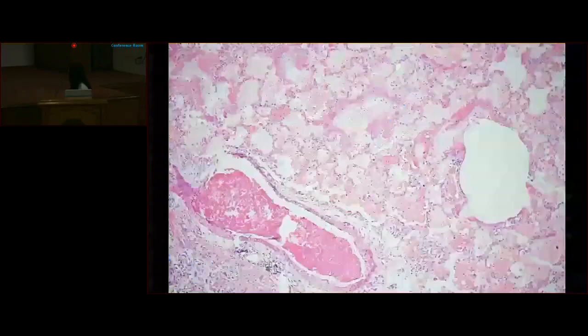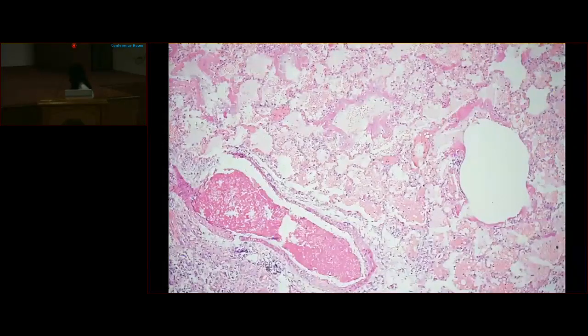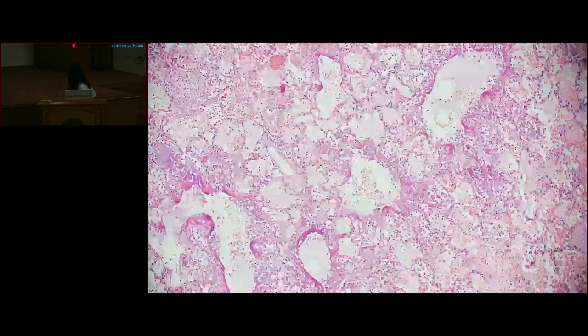On microscopic evaluation of the adjacent lung parenchyma, we see diffuse alveolar exudates along with hemorrhage and hyaline membrane formation. This is a higher magnification view where we can appreciate the hyaline membrane, and this hyaline membrane appears bright pink on the PAS stain.